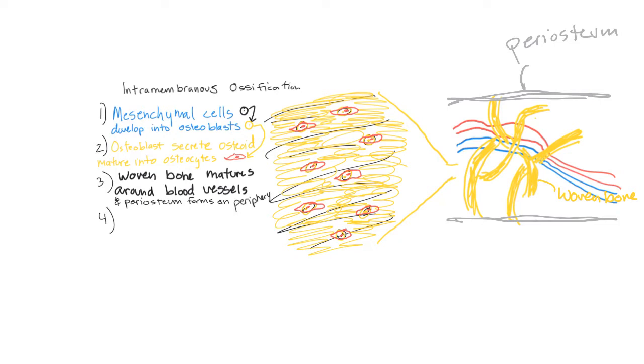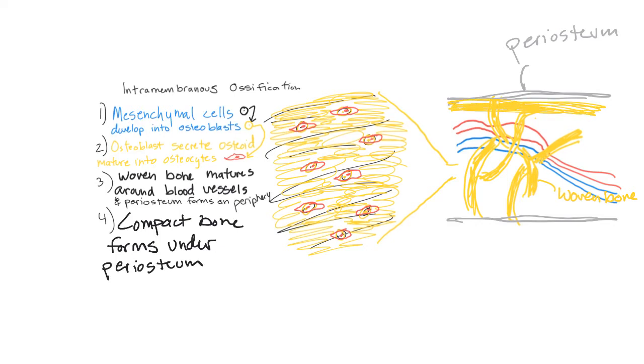We have woven bone, we have our trabeculae, but we don't have all the bone types formed yet. Our last thing that happens is the compact bone forms under the periosteum. So you get a layer of compact bone here, a layer of compact bone here.